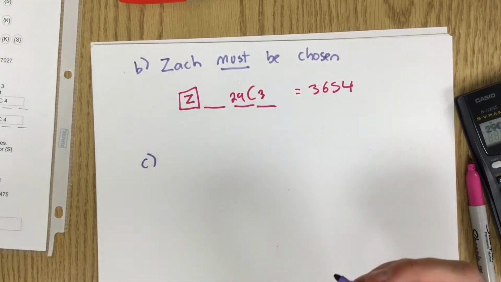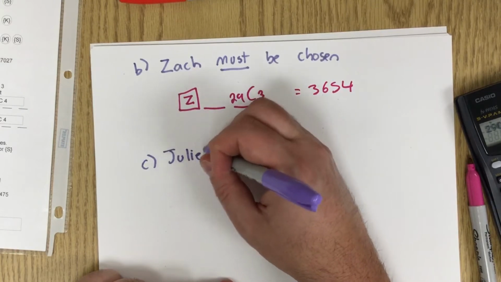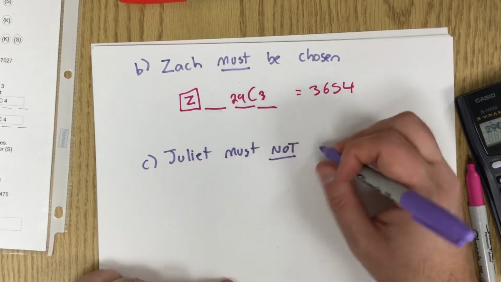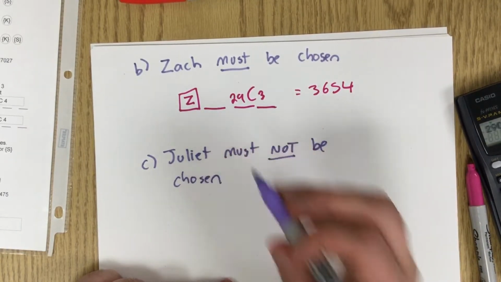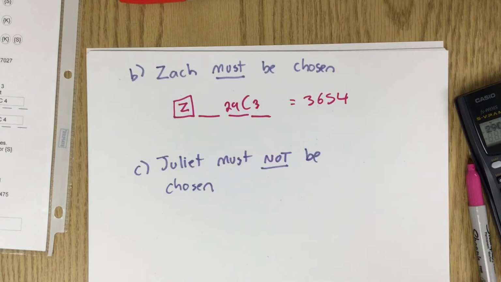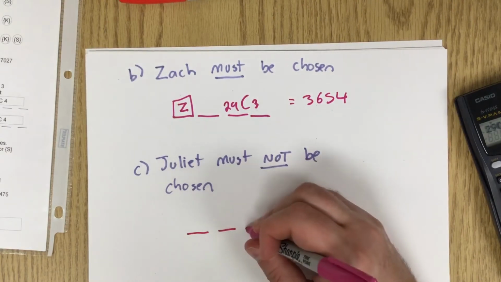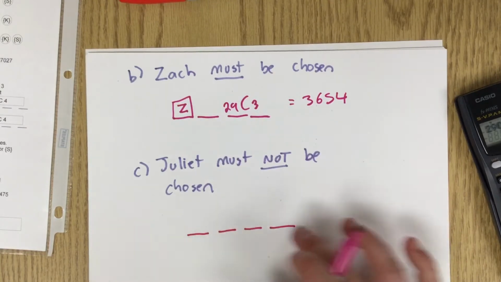Now let's say Juliet must not be chosen because she's important for some reason. So I'm going to show you how I'm going to draw this one. I would pause it and try it yourself. So we have our 4 spots, and Juliet is not one of these 4.